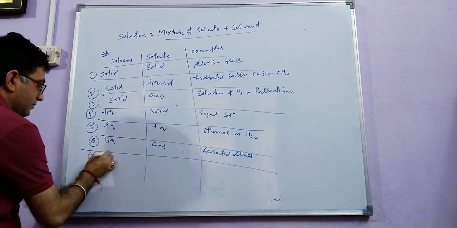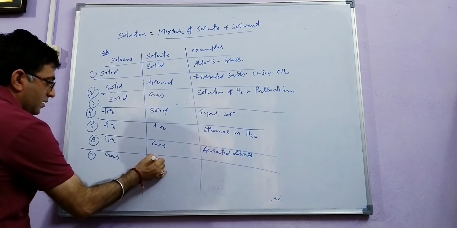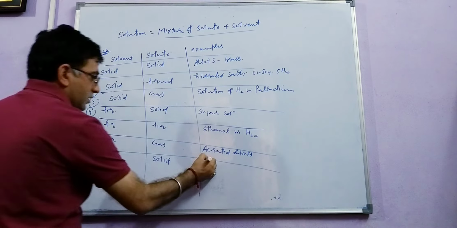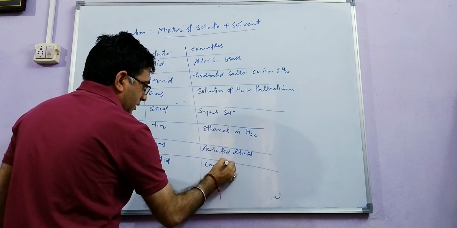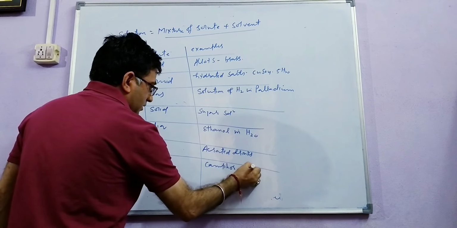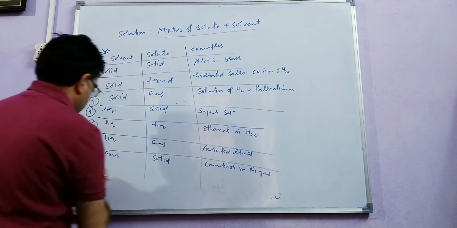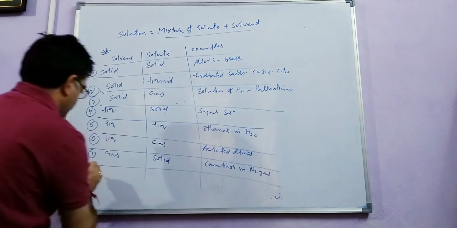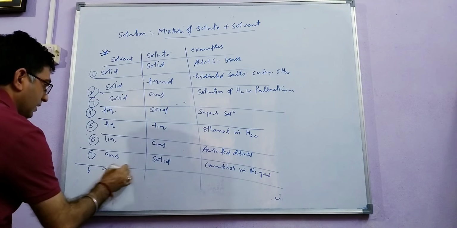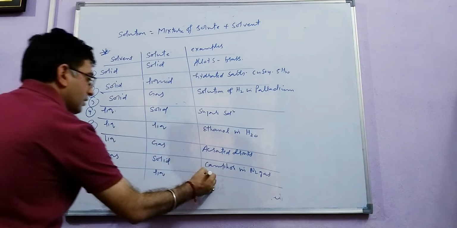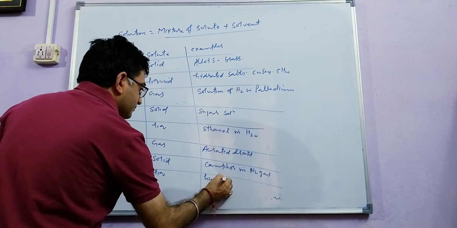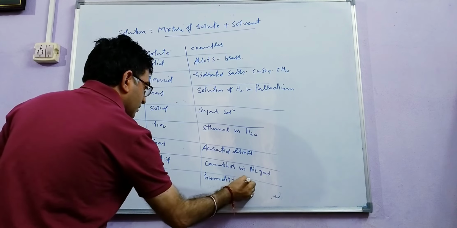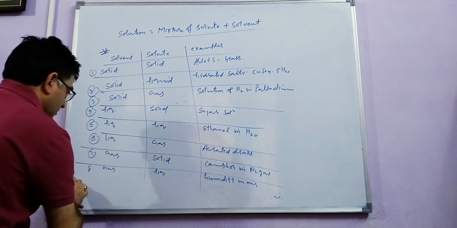Now 7, gas solvent, solid solute. Example: camphor in N2 gas. Similarly, 8, gas solvent, liquid solute: humidity in air.